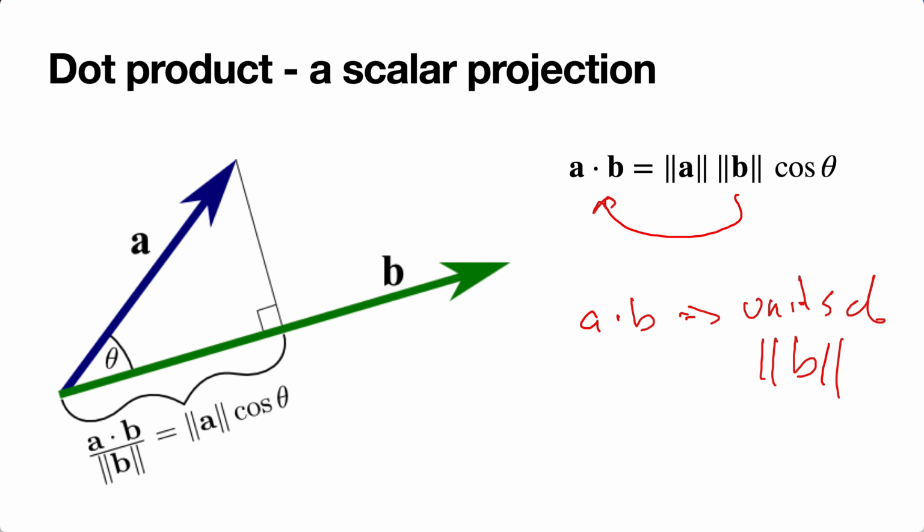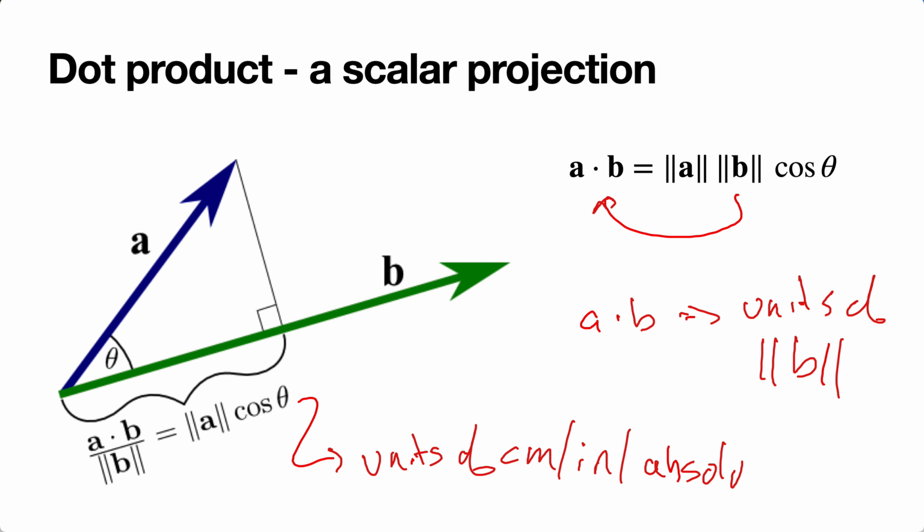It's just that the units are not absolute, whereas this is in units of centimeters or inches or whatever you want. It's in absolute units. Okay? So this kind of normalized distance is telling us how to measure the size of that margin.